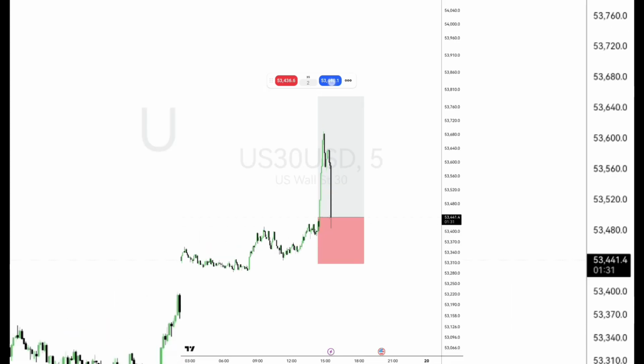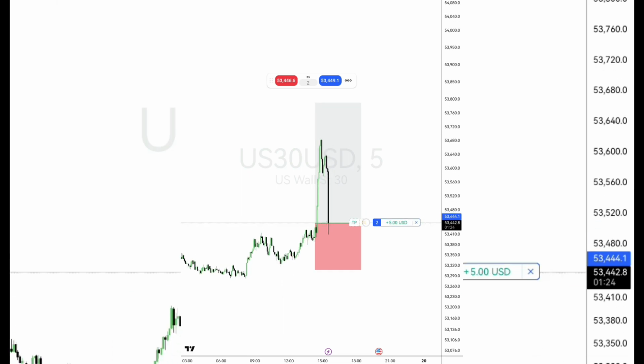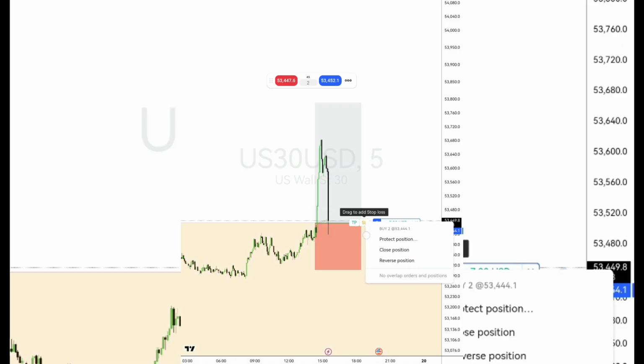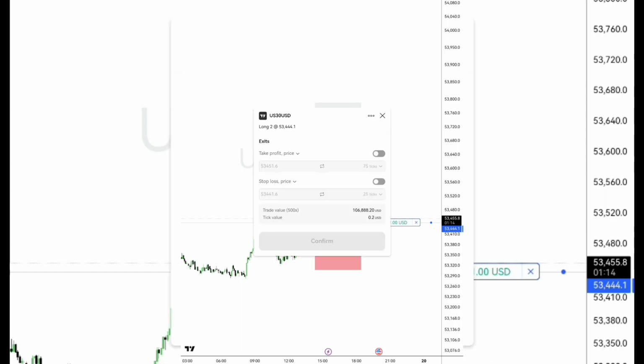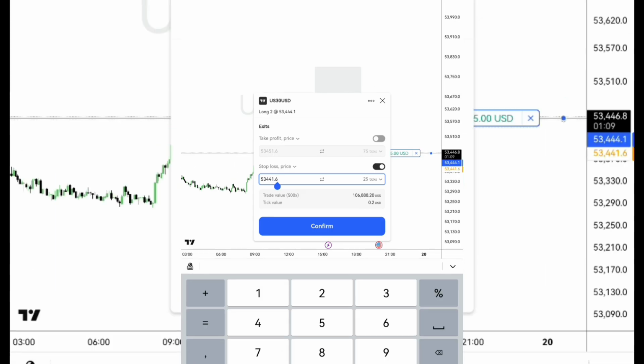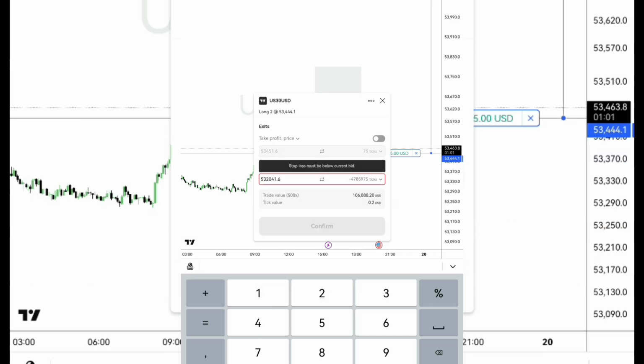Yeah, somewhere on the 5 minute, let me lock in there and put my stop at this low. The low of my stop is what? $53,200.